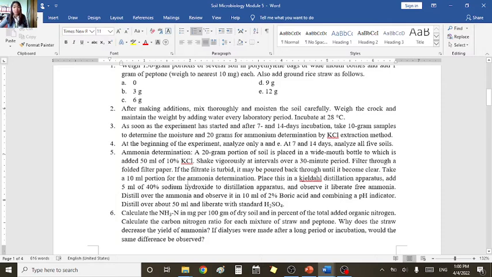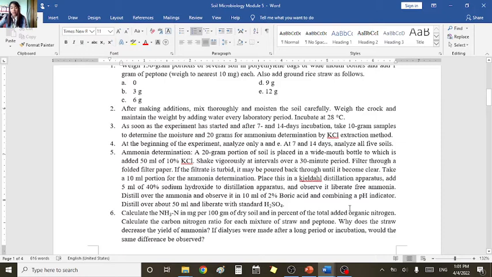Now, take a 10 ml portion of the ammonia determination, place it in a Kjeldahl distillation apparatus, and then add 5 ml of 40% sodium hydroxide to the distillation apparatus. And then observe, because that is where the liberation of ammonia, the volatilization, will happen. We are studying the formation of ammonia here. Distill the ammonia and absorb it in 10 ml of 2% boric acid containing a pH indicator.